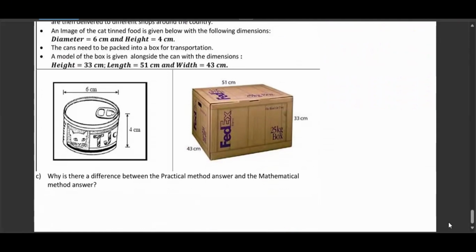Why is there a difference between the practical method answer and the mathematical method answer?